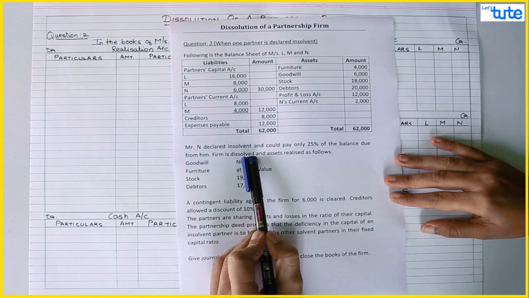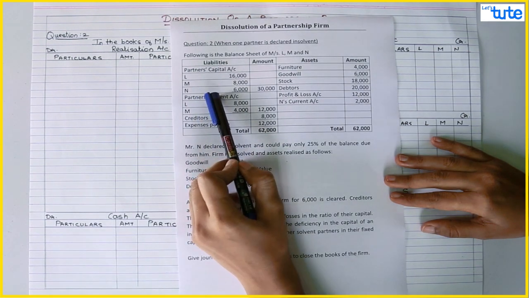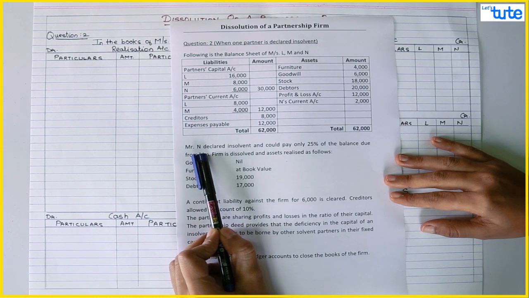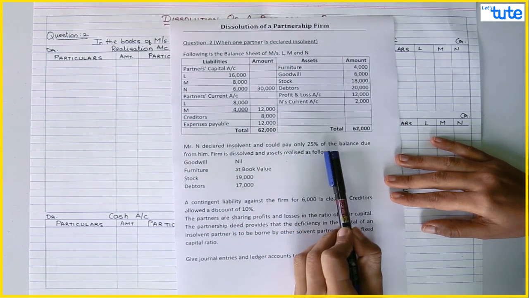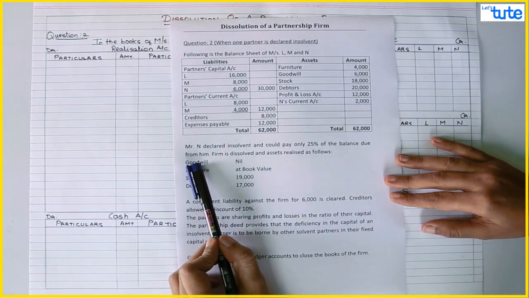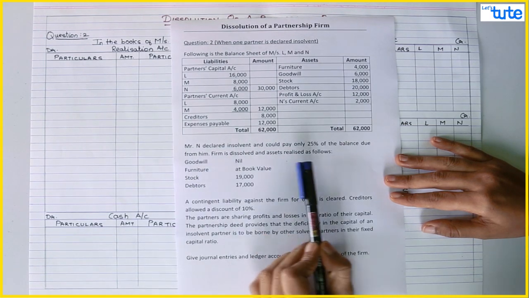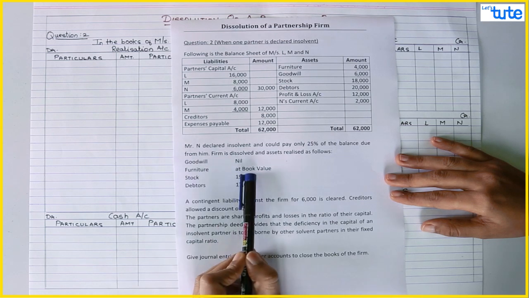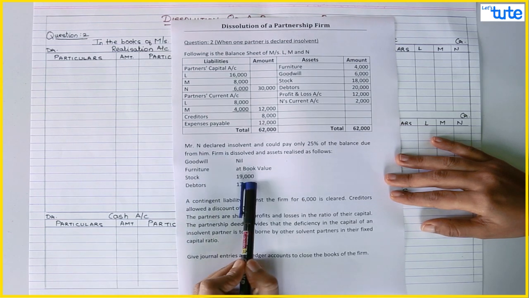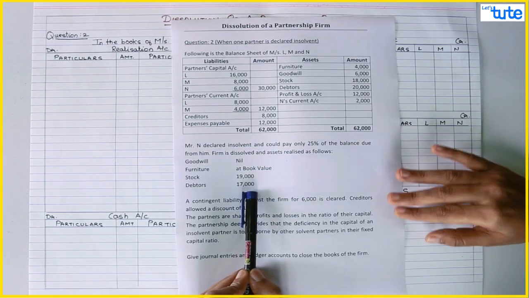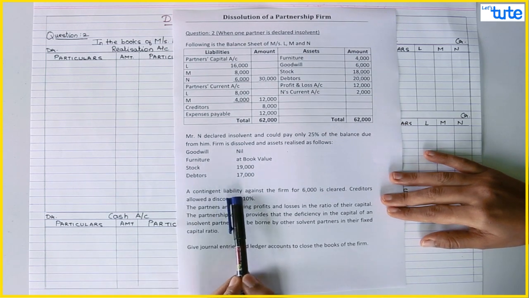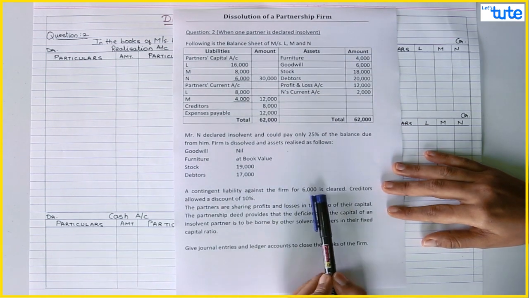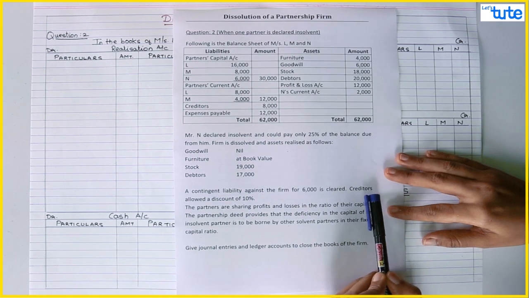Mr. N is declared insolvent. So over here, out of 3 partners, one partner is declared insolvent and could pay only 25% of the balance due from him. The firm is dissolved and assets realized as follows: goodwill nil, furniture at book value, stock 19,000, debtors 17,000. A contingent liability against the firm for 6,000 is cleared.